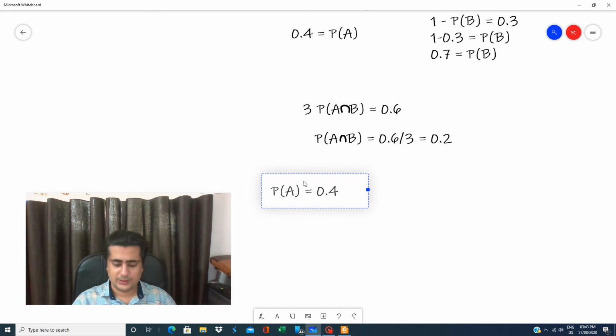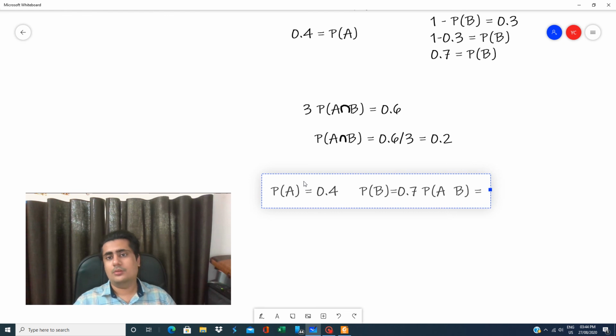P of A is 0.4, P of B is equal to 0.7, then P of A intersection B is equal to 0.2.